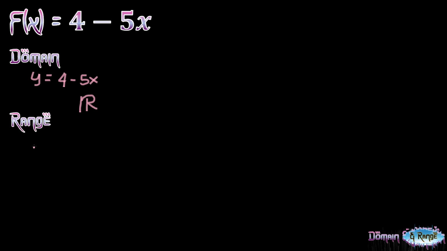So with that, let's copy it here. y is equal to 4 minus 5x. To retain only x on one side of the equation, let's subtract 4 here. That will become 0. You have minus 4 here as well, for properties of equality.